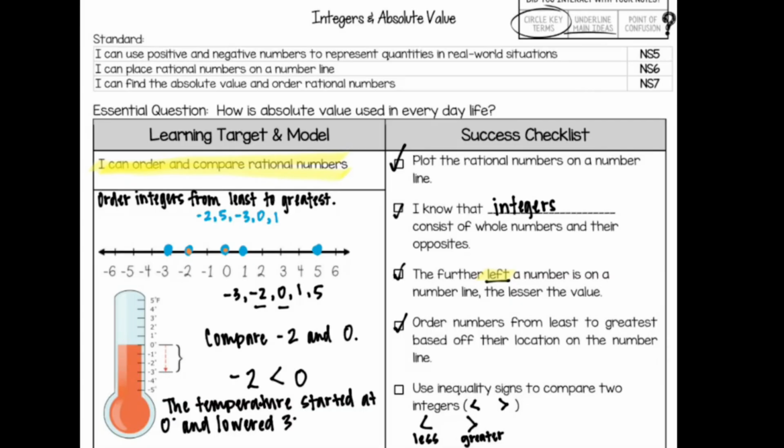What is the current temperature? If you look at the thermometer on your left, I start at 0 degrees and I climb down 3. My answer would be negative 3 degrees.